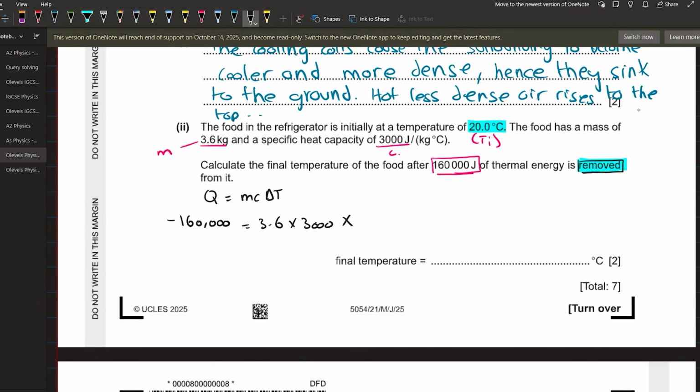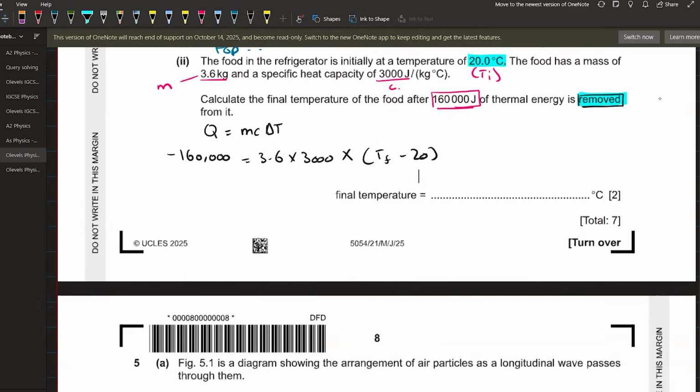Okay, what will be your change in temperature? फाइनल टेम्परेचर माइनस इनिशियल टेम्परेचर, that is 20. Can we calculate the answer? Yes, we can do that. Let's solve it step by step क्योंकि कुछ लोग मैथ्स में भी कमज़ोर होते हैं. Let's bring it to the downside. 3.6 into 3000. And this comes out to be temperature final minus 20. Minus 160,000 divided by 3.6 into 3000.